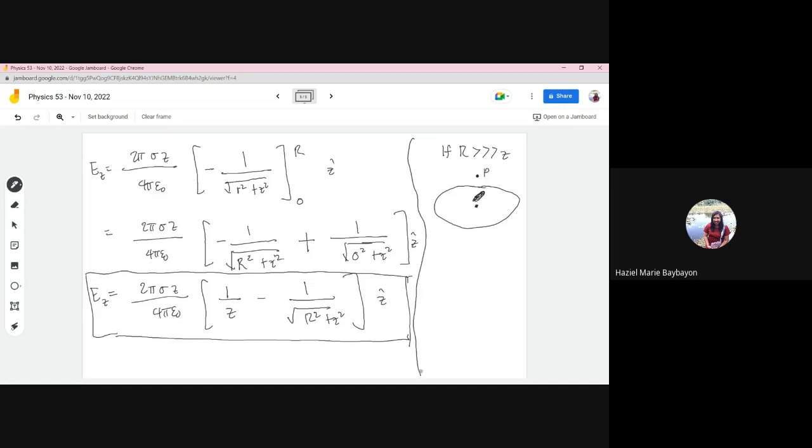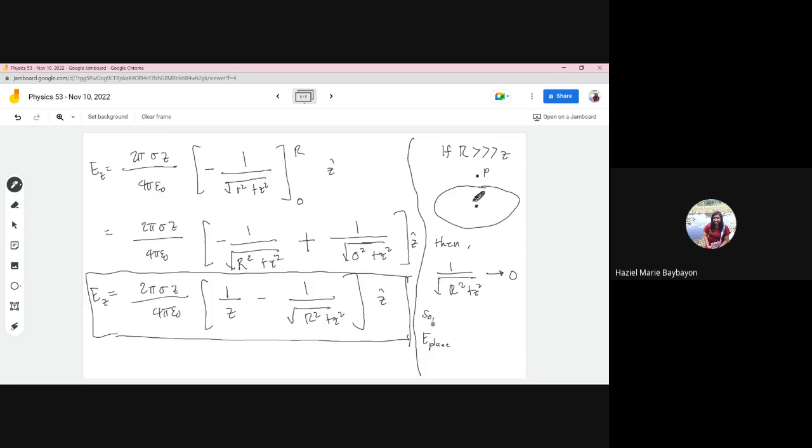So, if r is much greater than z, then this factor 1 over the square root of r squared plus z squared approaches to 0. Okay, so implication. So this is for the case for an infinite plane. So muna siya infinite plane class.